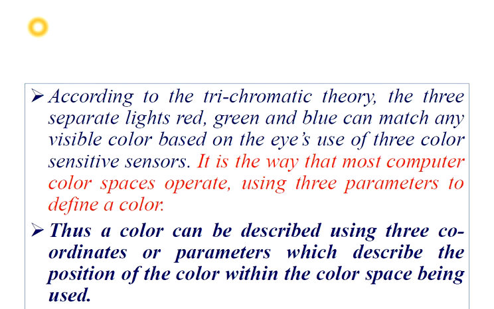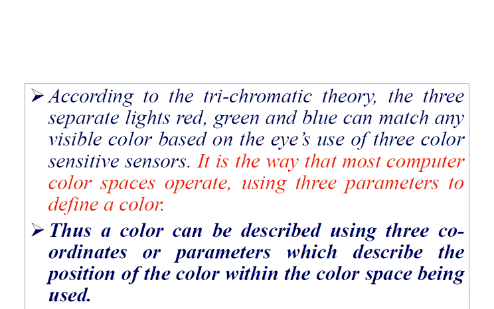Now, according to the trichromatic theory, the three separate lights, that is red, green, and blue, can match any visible color based on the eye's use of three color sensitive sensors. And about this red color, green color, and blue colors, I have illustrated much more about this and about their mathematical backgrounds, means how to produce them and how they affect our eyes.